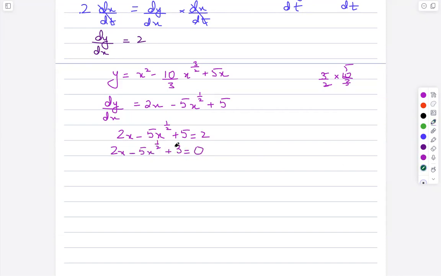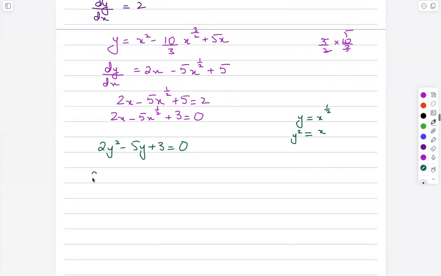Now we can solve this equation by taking a substitution. We can write y = x^(1/2). Now as y is x^(1/2), x will be equal to y². So we can write the equation as 2y² − 5y + 3 = 0. We can now find the values of y, and then using the substitution, we can find the value of x.